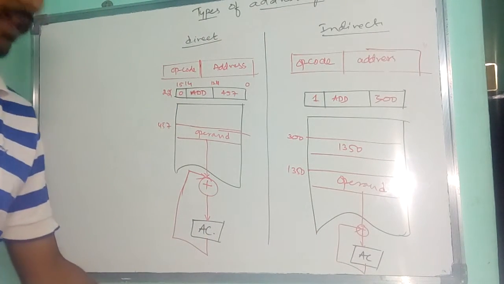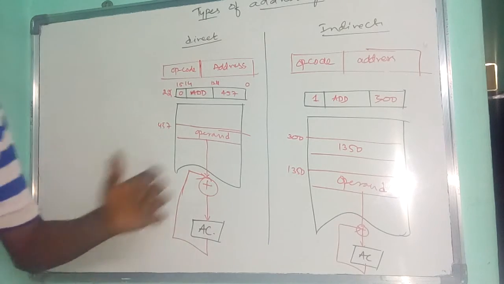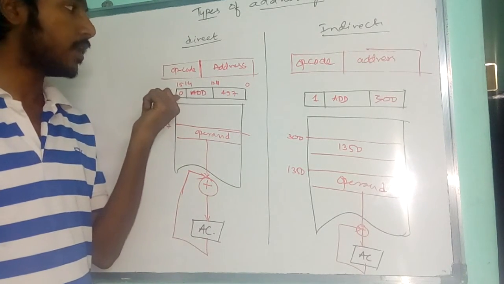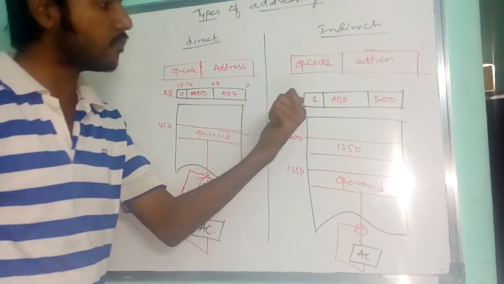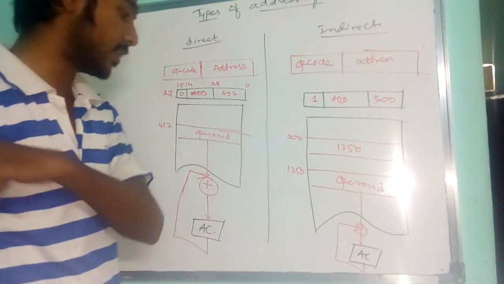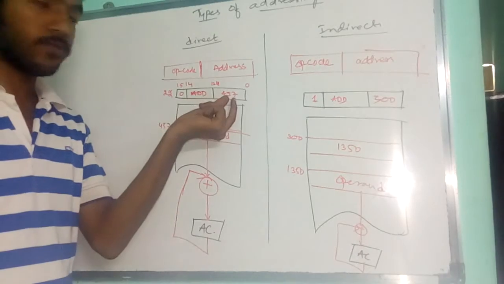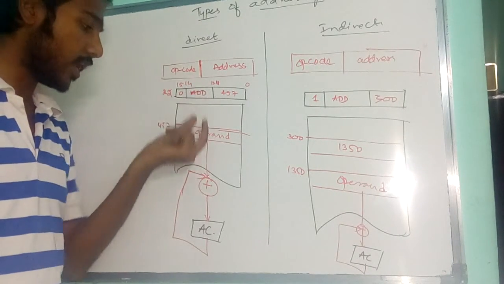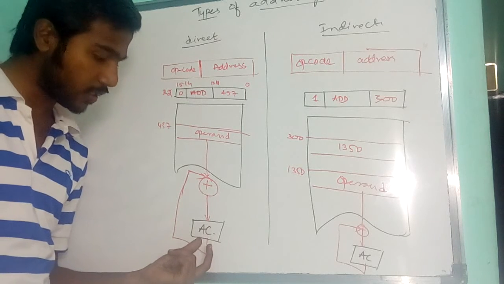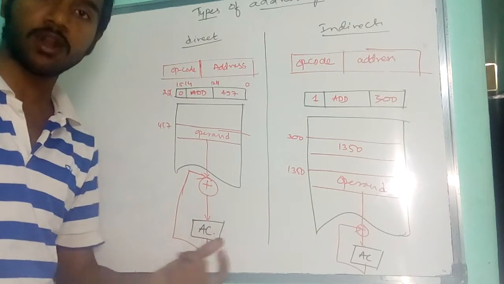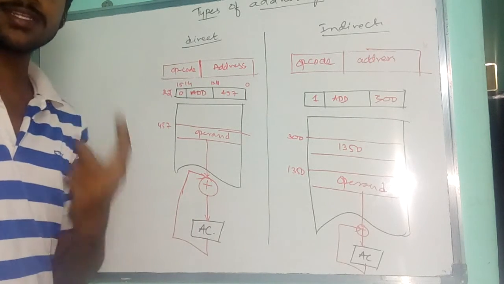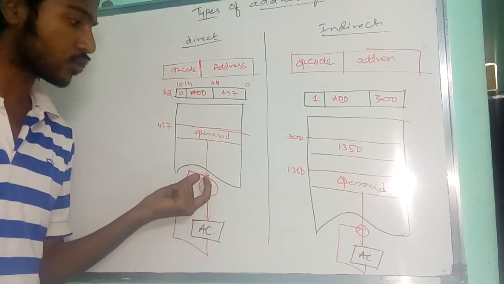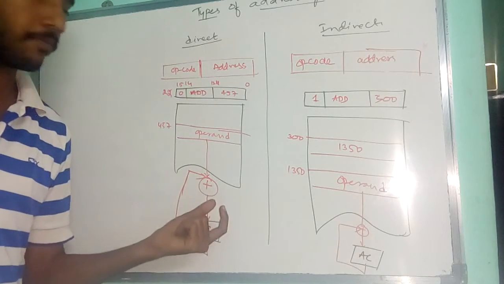Now you can clearly observe the differences between direct and indirect. Here the first bit is 0, which shows it is a direct address. If the first bit is 1, it is indirect addressing. And 457 is the given address, and it shows the operand value. So whatever the register accumulates, called AC, the accumulator register, a single processor register, is added directly to the given operand and we get the sum.